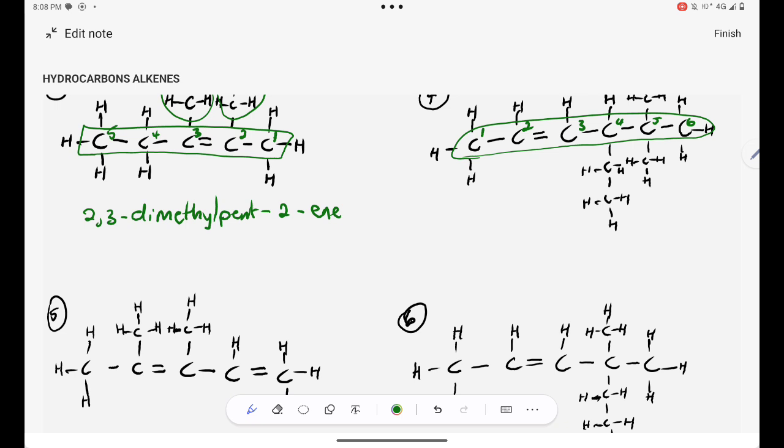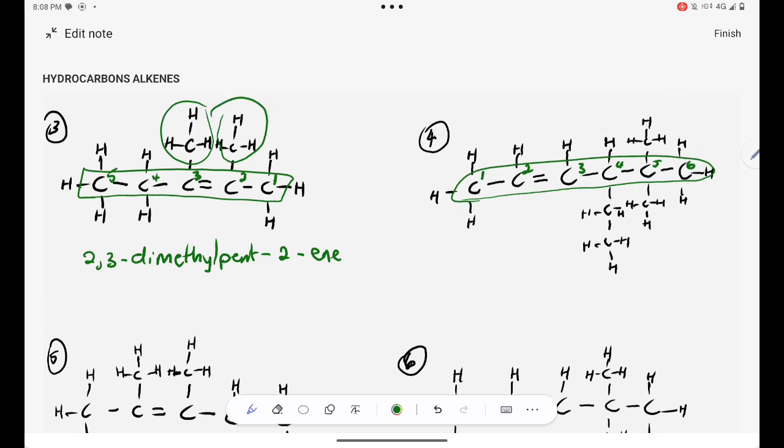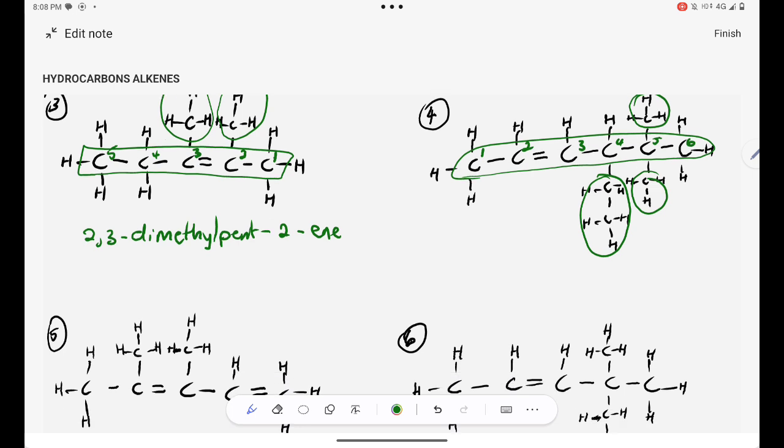Yes, the parent chain has 6 carbons, but I do have substituents or additions to my parent chain, and whenever I write down my IUPAC name, I need to mention these additions in alphabetical order. Eth comes before meth, so I'll simply say that in carbon number 4 I have an ethyl, and then in carbon number 5 I have 2 methyls, hence I'm writing dimethyl.